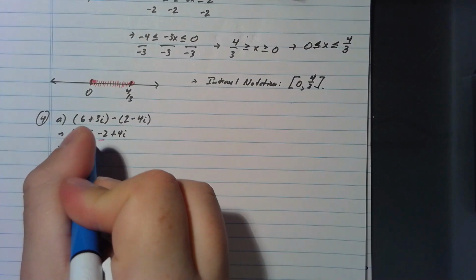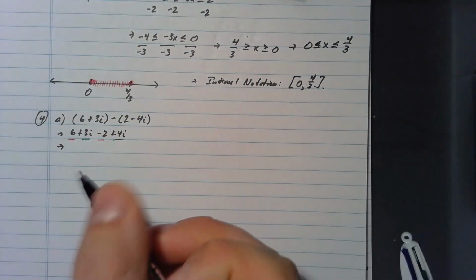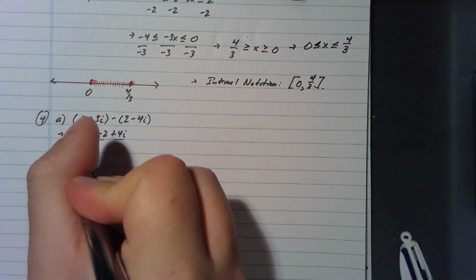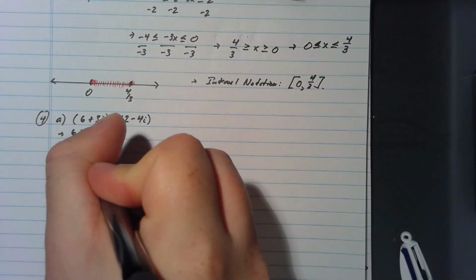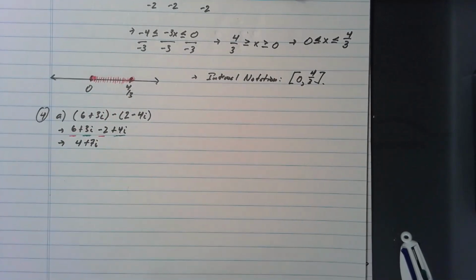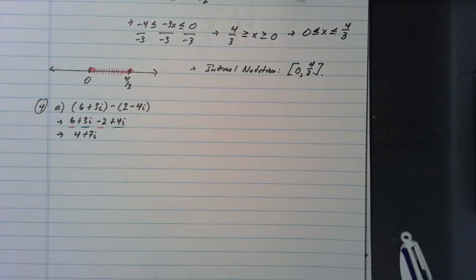And the imaginary parts are 3i and 4i. So 6 minus 2 is 4, and 3i plus 4i is 7i. And that's it. That's in a plus bi, the standard form.